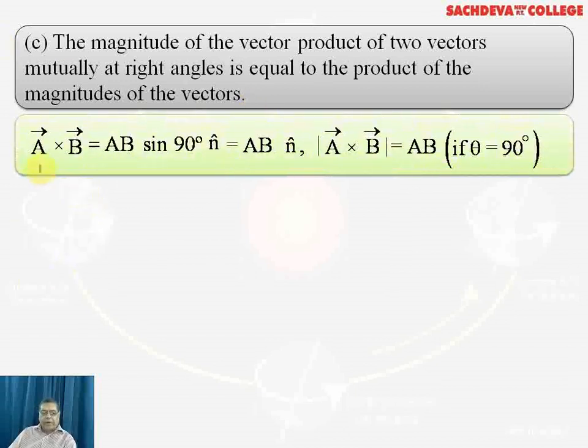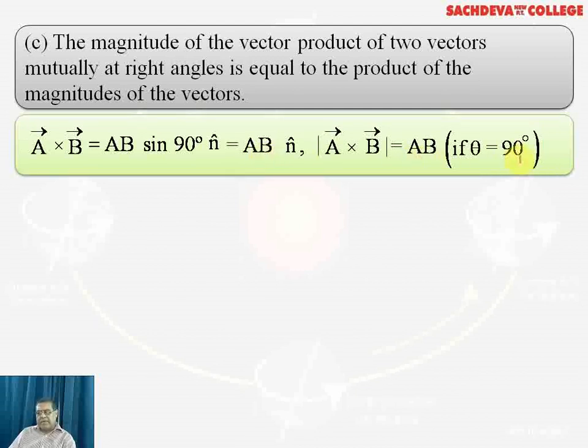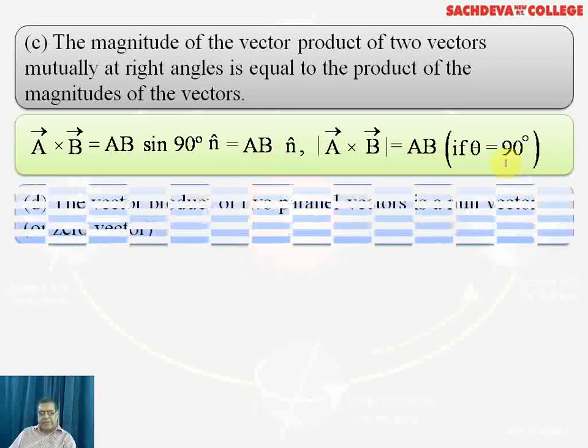Now it is shown here that the cross product of A and B is equal to AB, the scalar term, multiplied by sine 90 into the unit vector. So AB into the unit vector is equal to the modulus of the cross product of A and B, and that is found to be AB. If theta is 90, sine 90 will be 1 in that case.